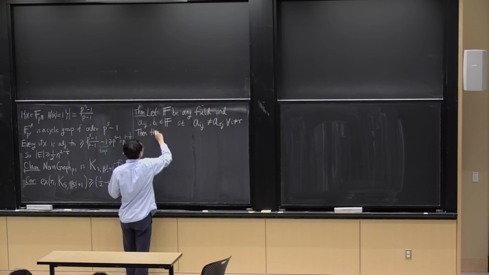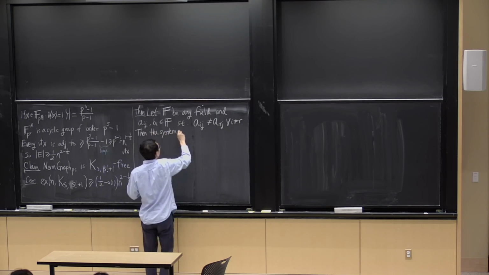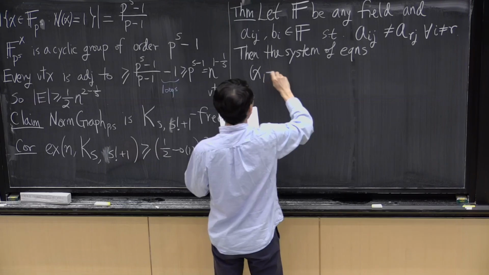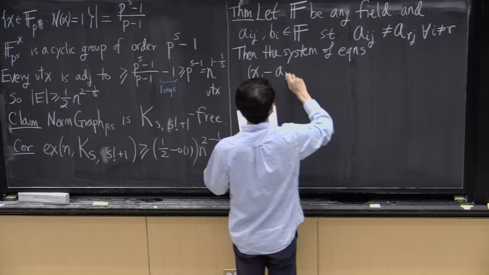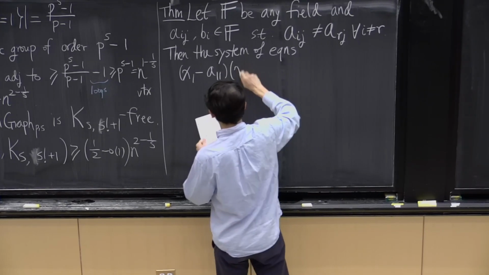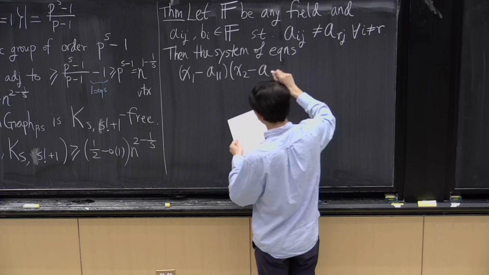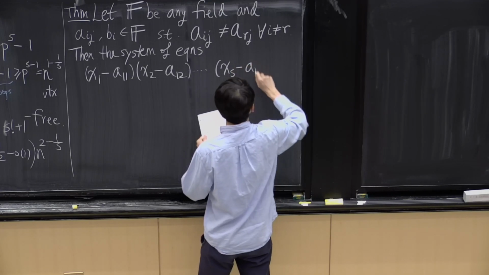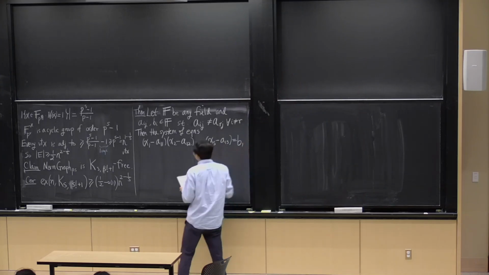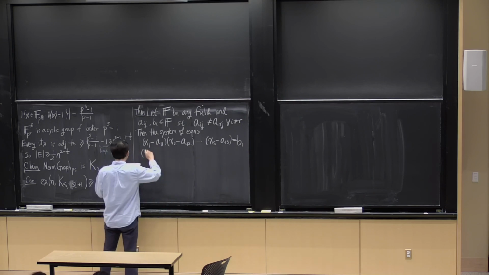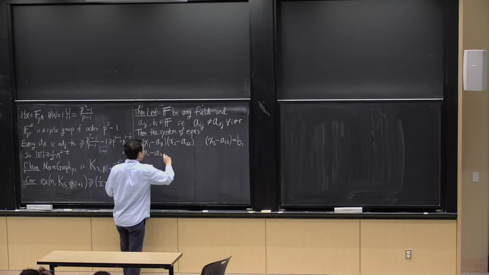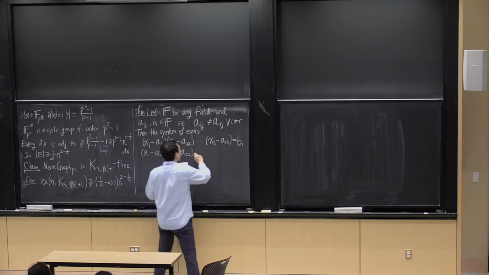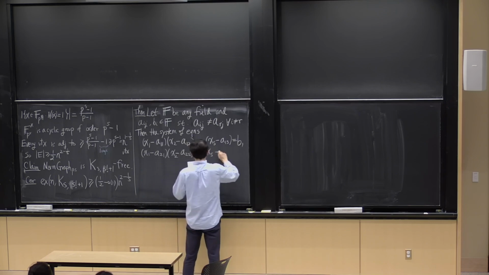Then consider the system of equations. I'll write down the system. The first equation: (x_1 minus a_{11})(x_2 minus a_{12}) and so on up to (x_s minus a_{1s}) equals b_1. Second equation: (x_1 minus a_{21}) and so on. It almost looks like the usual system of linear equations, but I'm taking products.